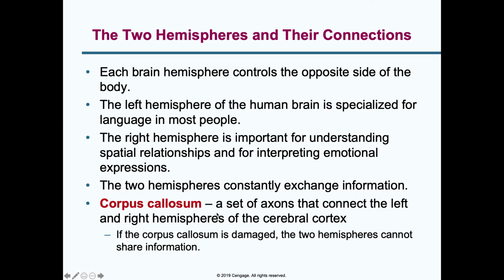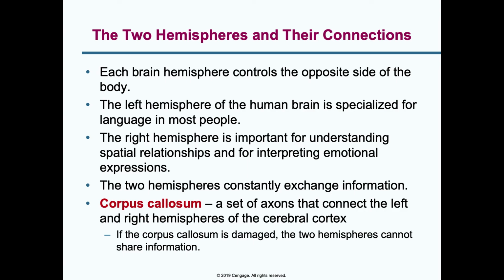The corpus callosum is, again, we go back to the term we heard at the beginning of the presentation, which was axons. It's this set of axons that connect the left and right hemispheres. If something happens to this corpus callosum, it's damaged in some way due to some sort of traumatic brain injury or any sort of brain injury, then this connection is broken, and there can be no communication or sharing of information between the right and the left hemisphere.